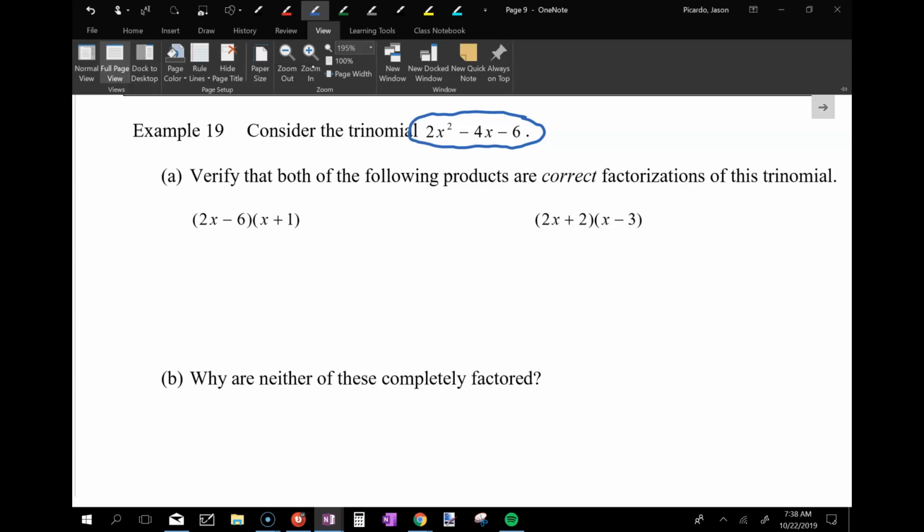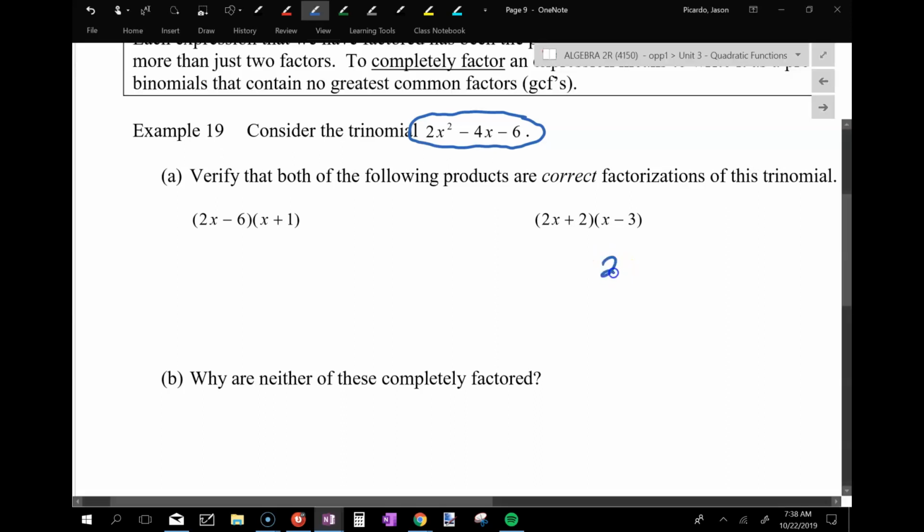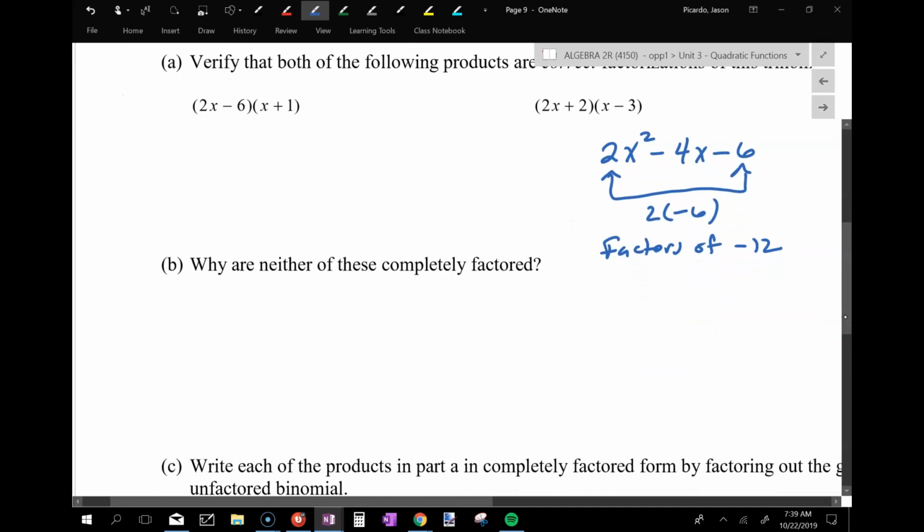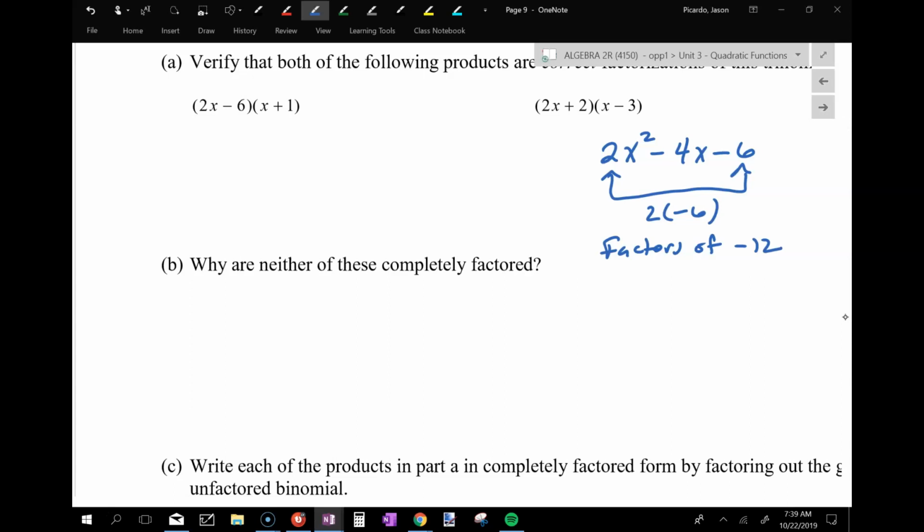If we did that, I would take these two items and find the factors of negative 12. More specifically, the ones that add up to be what? Negative 4.